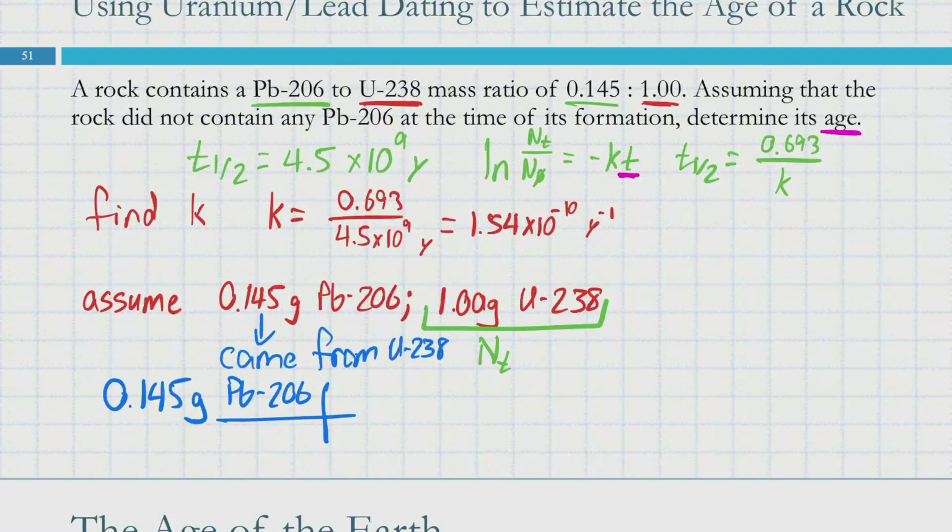It's 206. I have to make you think a little bit there, right? So we can calculate the number of moles of lead-206 that we have. I'm guessing that most people aren't doing this all in one step, so I will not do it that way either this one time.